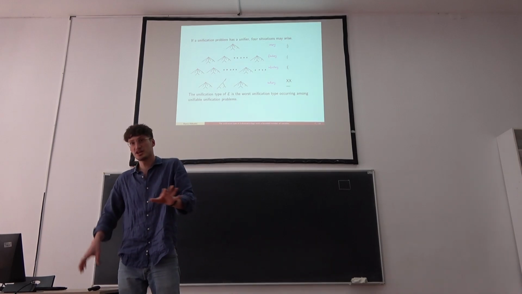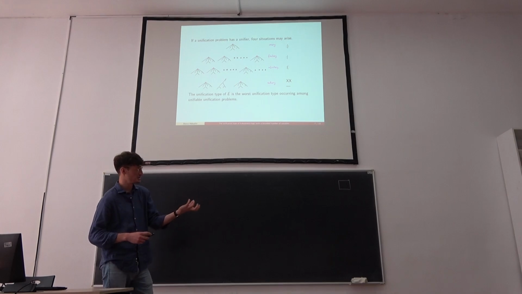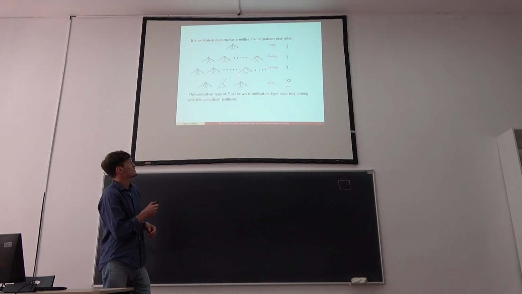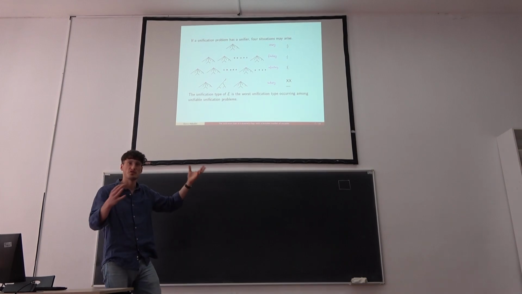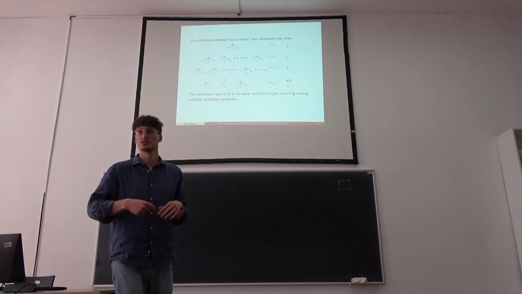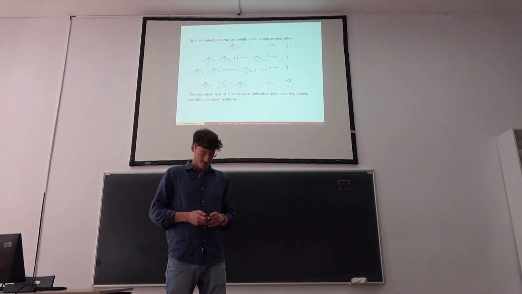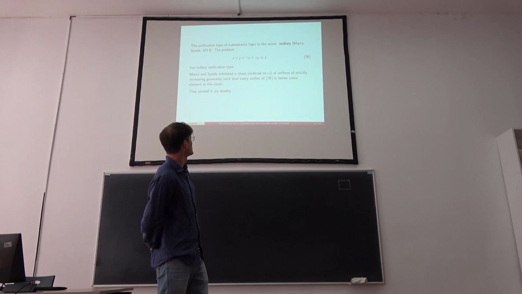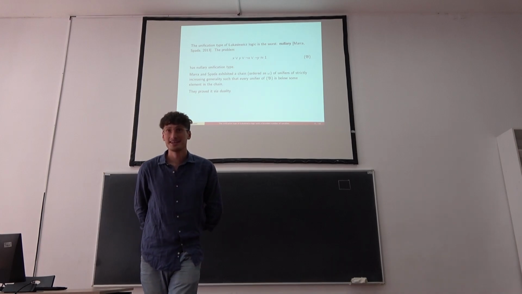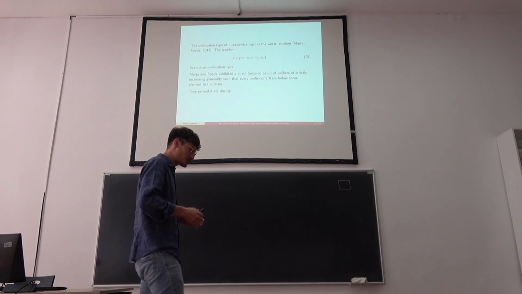So the maximal elements do not cover the whole set of unifiers. This is the situation arising for a specific problem, and the unification type of E is the worst possible unification type occurring among the unification problems with at least a solution. Alright, so Ghilardi and Spada proved that the unification type of Lukasiewicz logic is the worst possible.